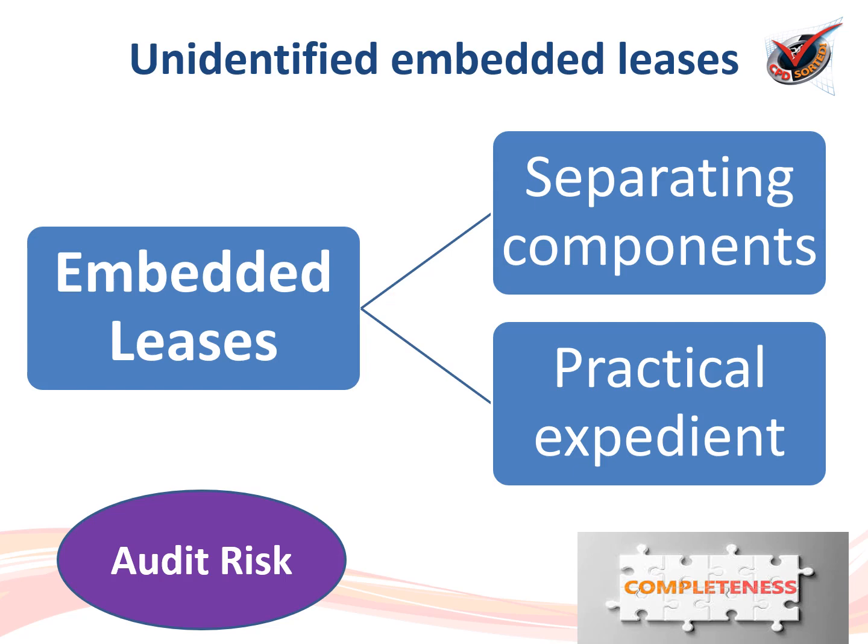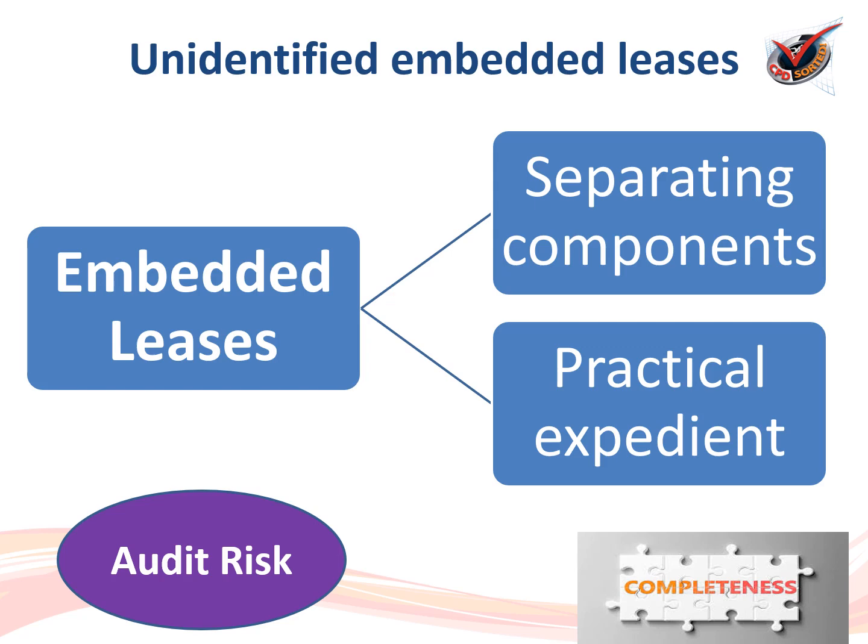And the auditor would then be required to establish what management processes have been used to identify such embedded leases in contracts, and whether or not these procedures have been carried out by management.